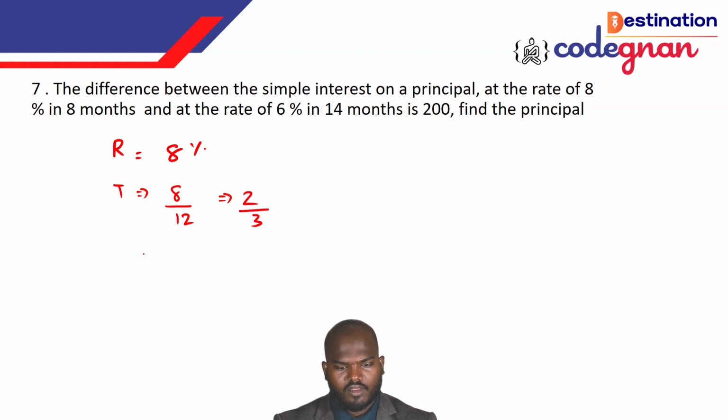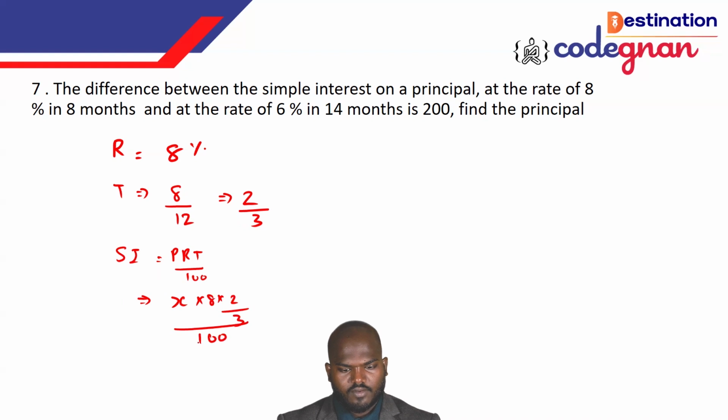Simple interest equals PRT by 100, so x times 8 times 2 by 3 by 100 gives 16x by 300.